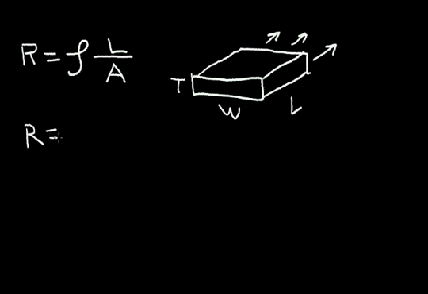The resistance is equal to rho, the resistivity of the material, times the length in the direction of the current flow, divided by the cross-sectional area of the resistor.